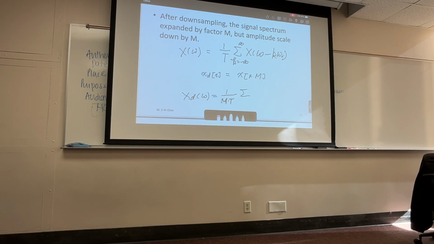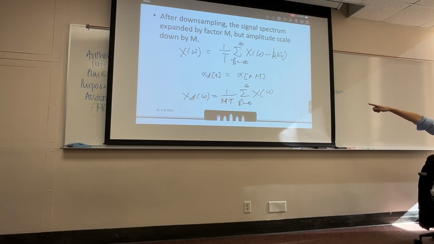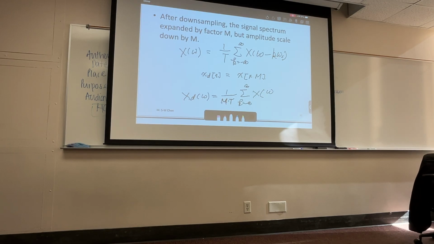And the second thing that would change would be all these omega factors, right? Because I multiply by a factor of m in time, so in frequency domain, what should I do? So divided by m, right? So it's inverse.